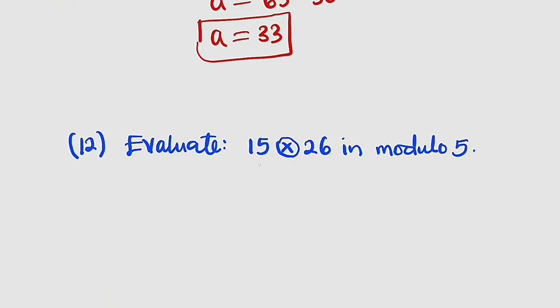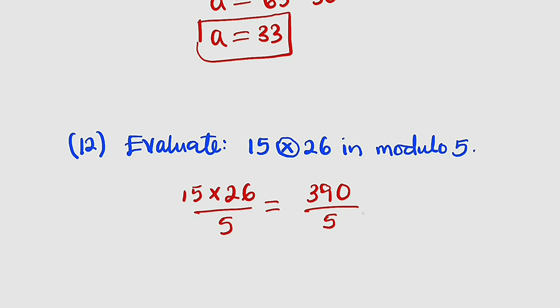Question number 12, we are asked to evaluate 15 multiplied by 26 in modulo 5. This is a remainder arithmetic. Remember, we are going to multiply these numbers and divide by 5 because it is in mod 5. Then we look at the remainder. So this is equal to 15 multiplied by 26 divided by 5. And 15 multiplied by 26 is equal to 390 divided by 5.